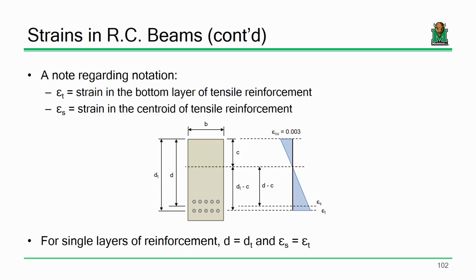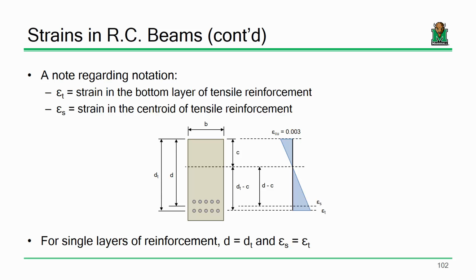Now this slide here, this is getting really nitpicky, and to be honest, we probably won't deal with this at all during our semester. I just wanted you to have this for your own edification. There is a difference in notation between the strain at the bottom layer of the steel and the strain at the centroid of where the steel is. And what I'm really talking about are beams that have 2 layers of reinforcement.